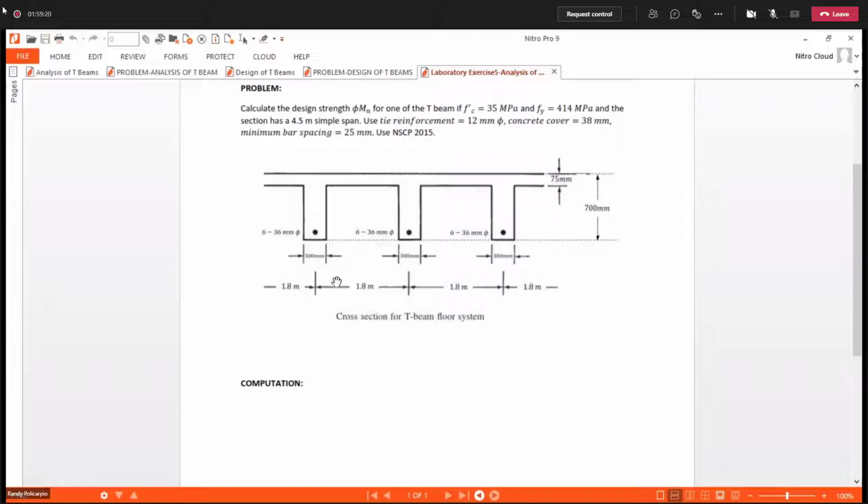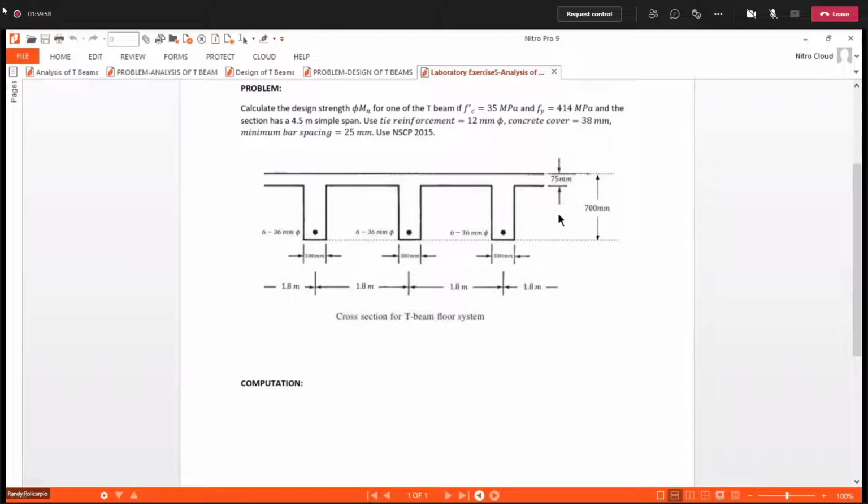Kagaya nung binabanggit ko sa inyo kanina, T-beams occur kapag malalapit yung mga beams mo. Just like this one, look at here, 1.8 meters. Ito ginagawa to sa mga building na iniiwasan nila yung mahabang beam, or they want yung slab nila na one way.